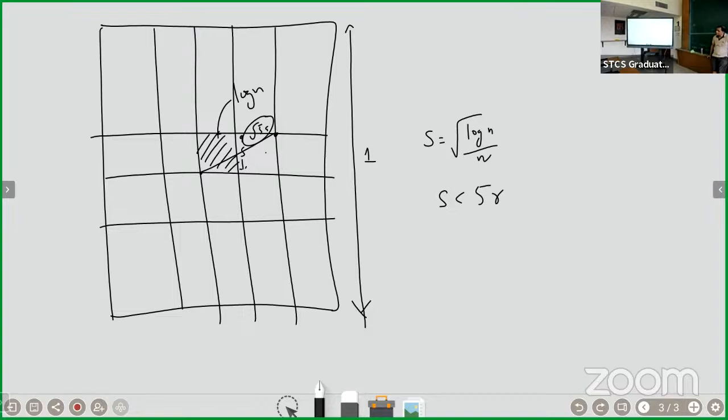And I also know that all these small boxes roughly contain log n points. You can't say that the neighbors are empty, that much you can't say.